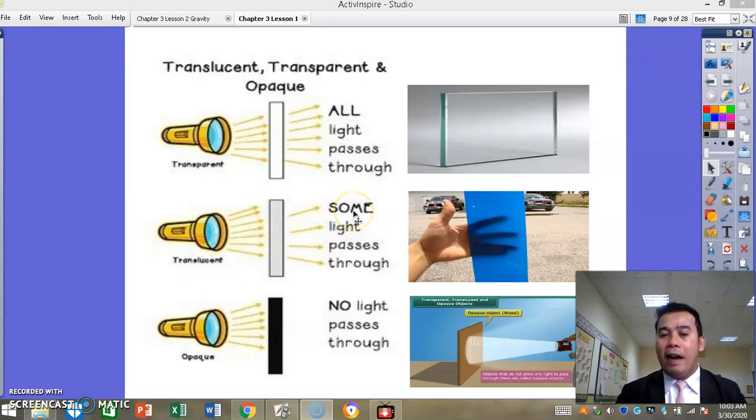Translucent, only some light passes through the object. Take note of the word all for transparent, some for translucent, and for opaque, no light passes through the object, like wood, a wall, or a rock.